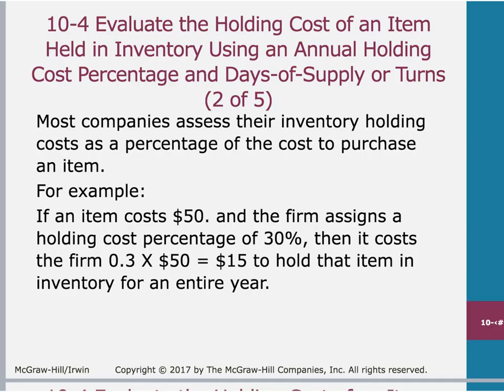So let's look at that again. If an item costs $50 and you have a holding cost percentage of 30%, then for the year it's going to cost you the $50 that you purchased the item for times that 30%, or 0.3, to give you $15 that you're paying to hold that item for the year.